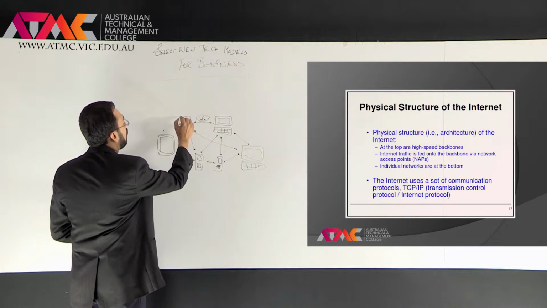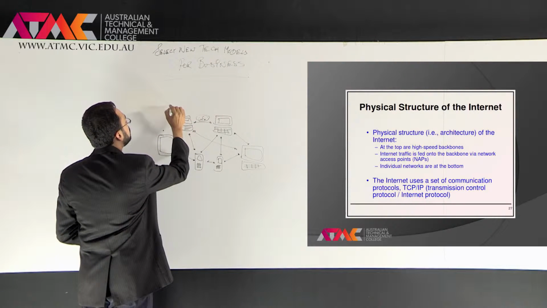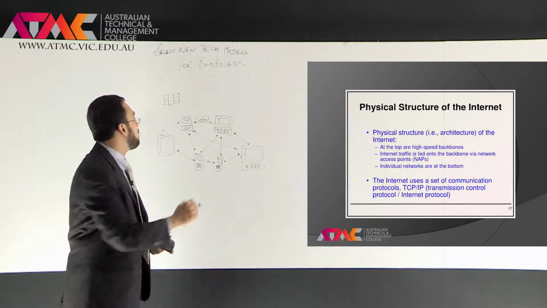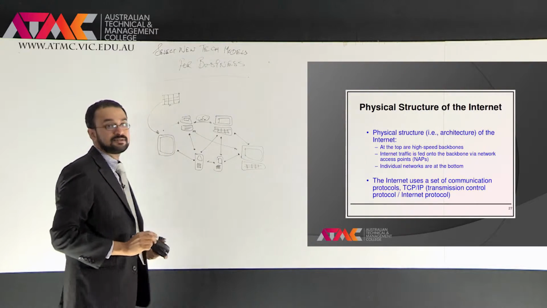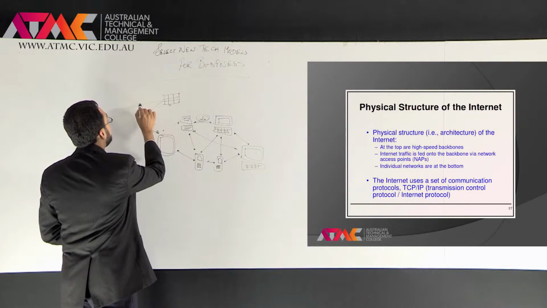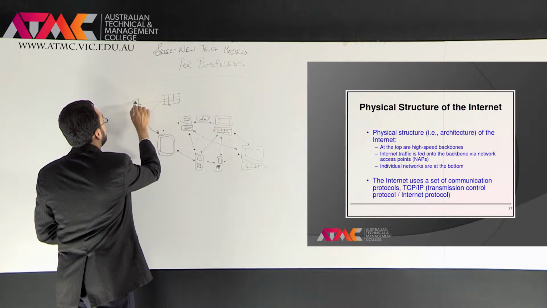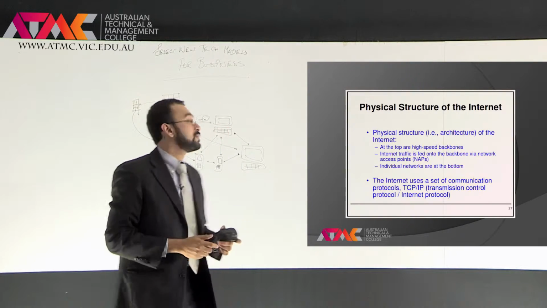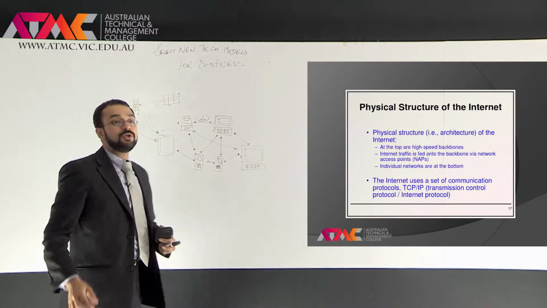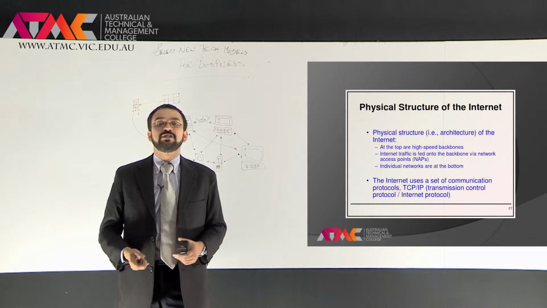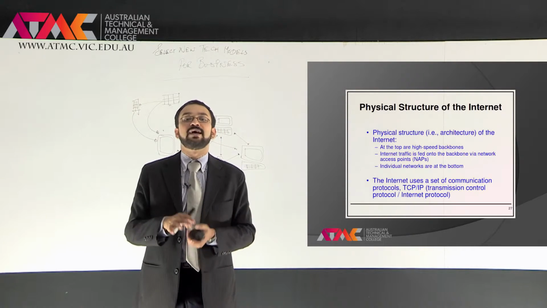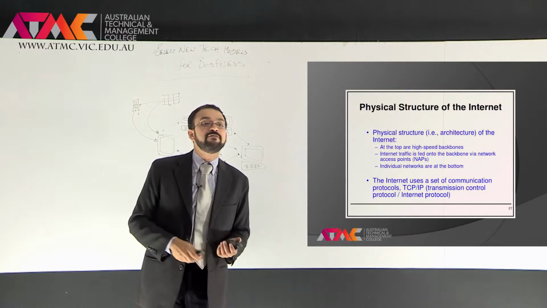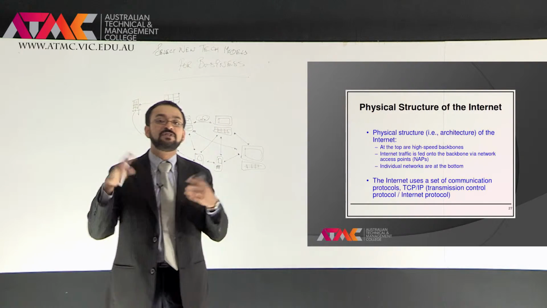All the data that you send out goes somewhere else before it is sent back to the other device, and there might be something in between which receives the information and then passes it on. So we use these network access points through which the data gets together and then gets disseminated again to the different connected devices. Individual networks are essentially at the bottom of this entire structure.